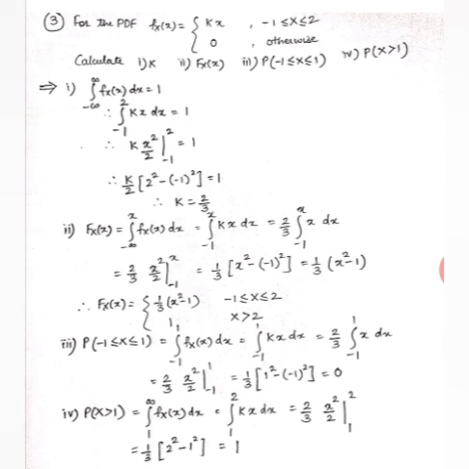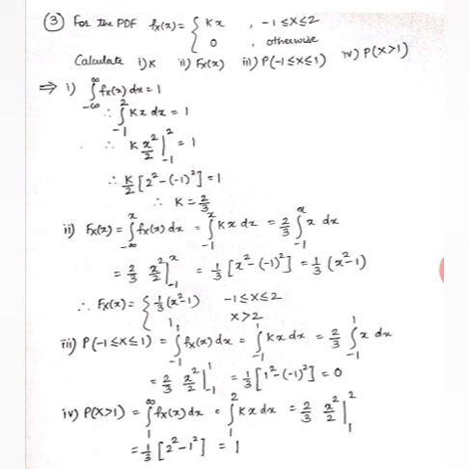The integral of x is x square by 2, with limits -1 to 1. The 2 in the numerator and denominator get cancelled, so the constant outside is 1 by 3. Upper limit substituted is 1 square, minus the lower limit substituted, (-1) the whole square. So 1 square minus (-1) square is 0. So this particular probability is 0.